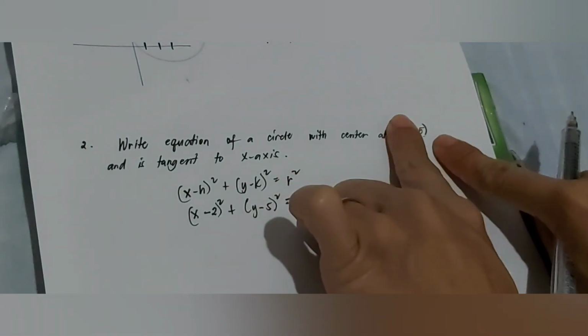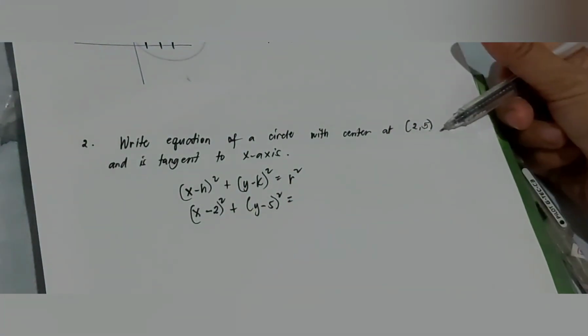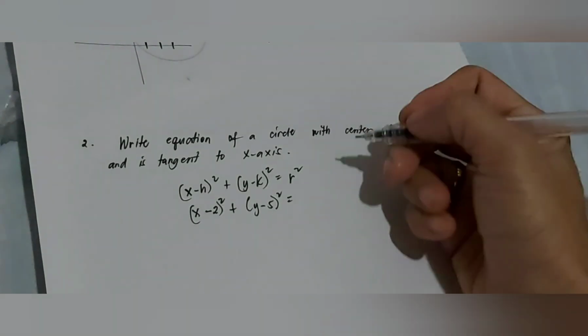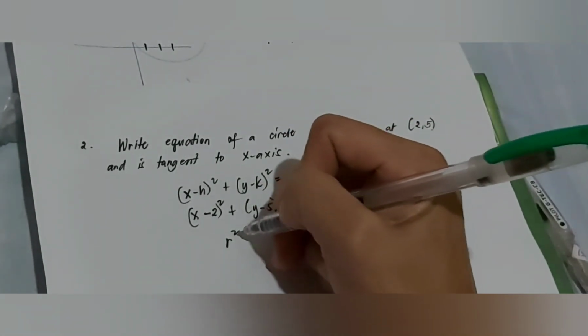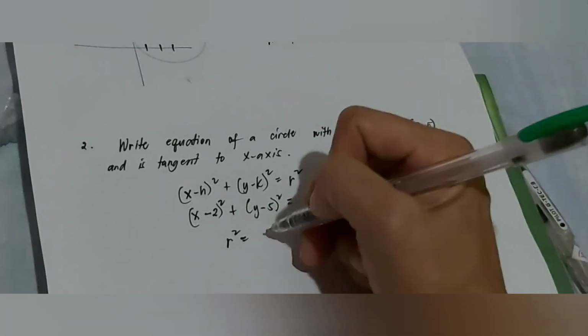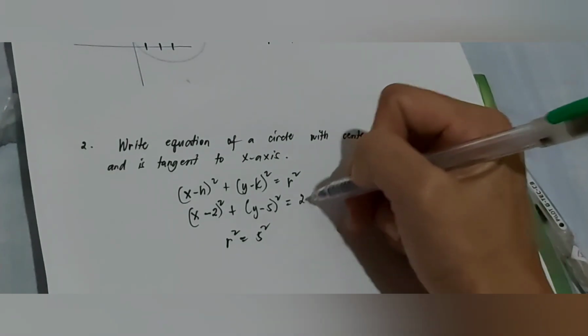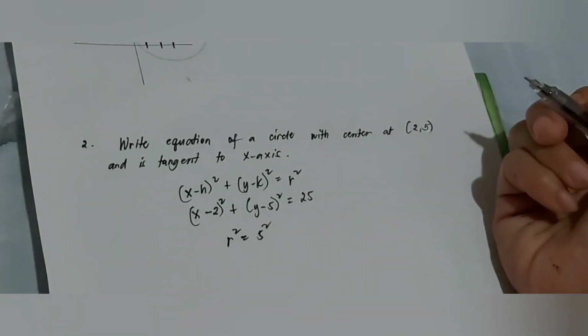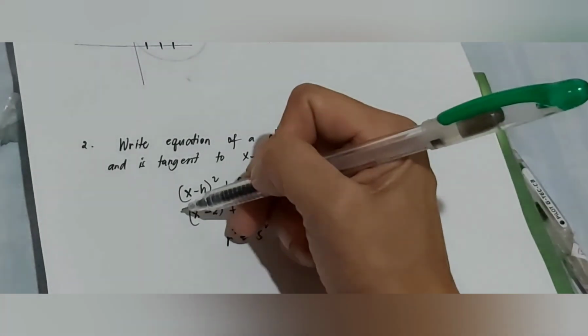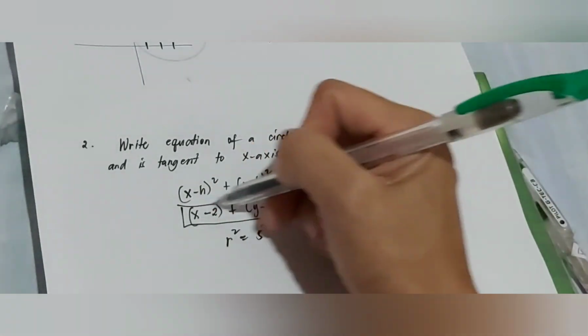Takpan si x, ano ang radius? Ano ang magiging radius natin? That's 5. So, r squared is 5 squared. So, what's square of 5? That is 25. Okay, so this would be our equation for our circle.